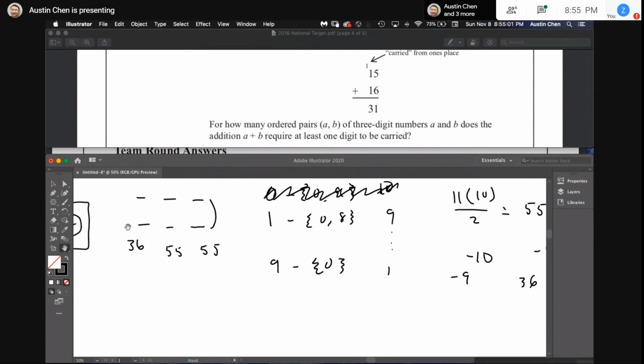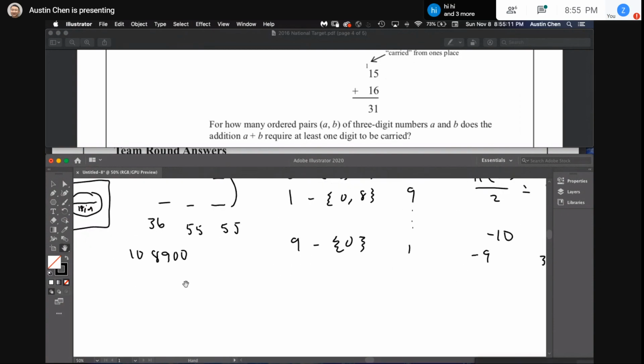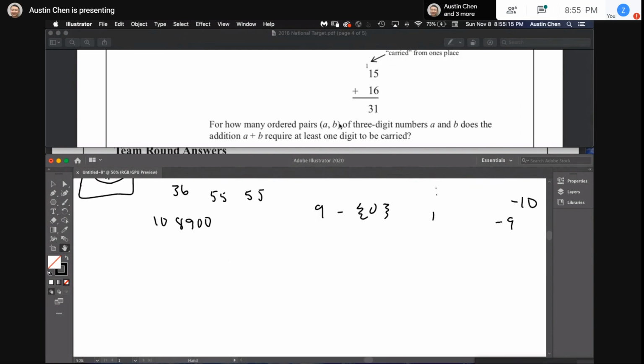And then if we multiply that together, we get 1,089,000 cases. And then we need to subtract this from the total number of cases, right? So we have an ordered pair of three-digit numbers.